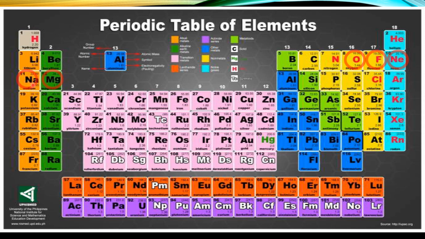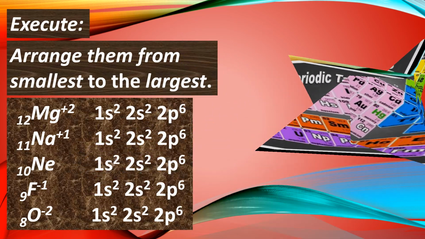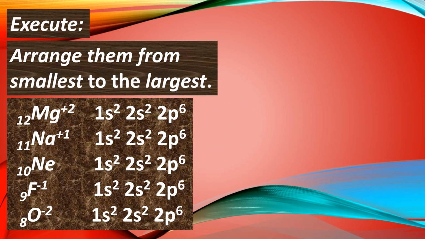So, there is sodium and magnesium belonging to the same period, as well as oxygen, fluorine, and neon belonging to the same period, which is period 2. The relative positions of the 5 elements in the periodic table are as shown.